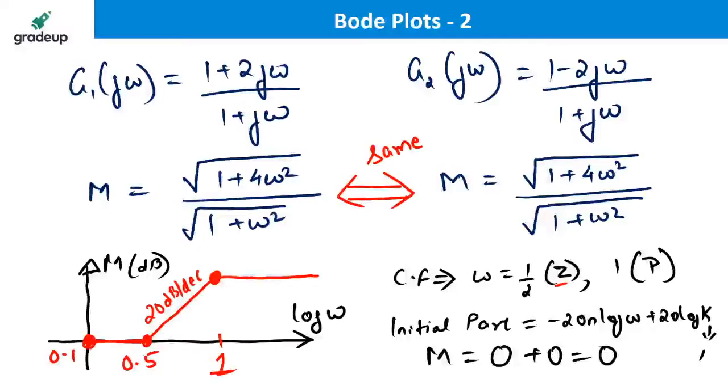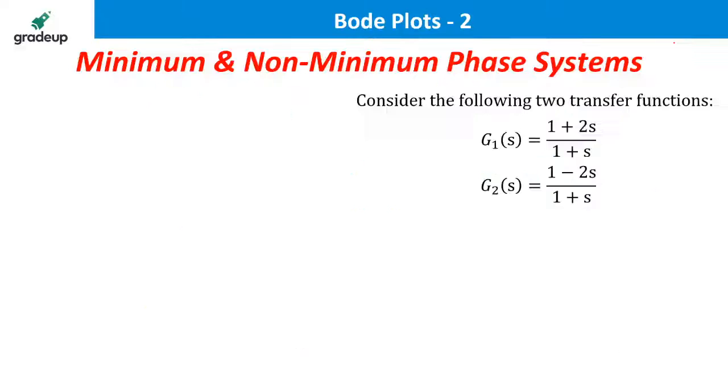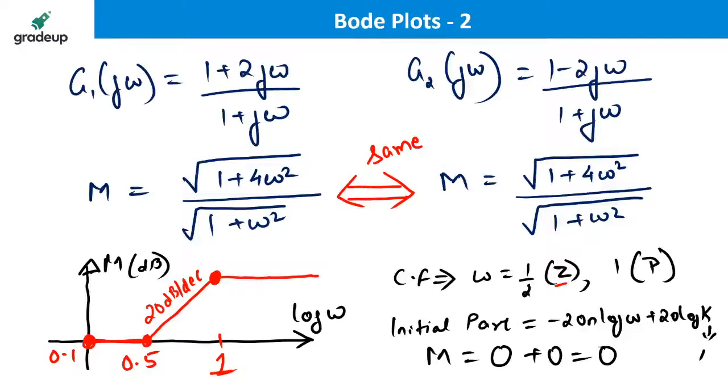All right, now this is about the magnitude. I hope you have got it. Now, coming to the important term. As you see, the name is minimum and non-minimum phase, so it has to do something with the phase. So now going for the phase.